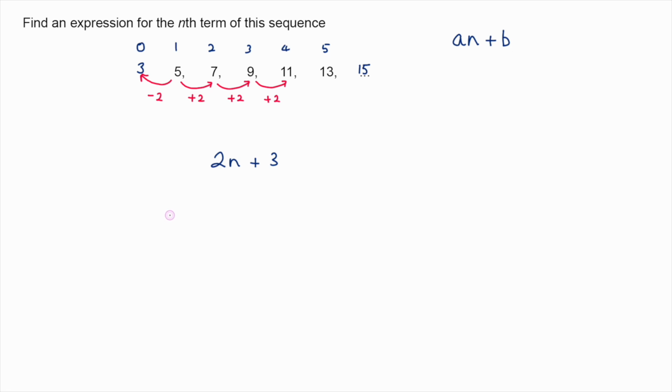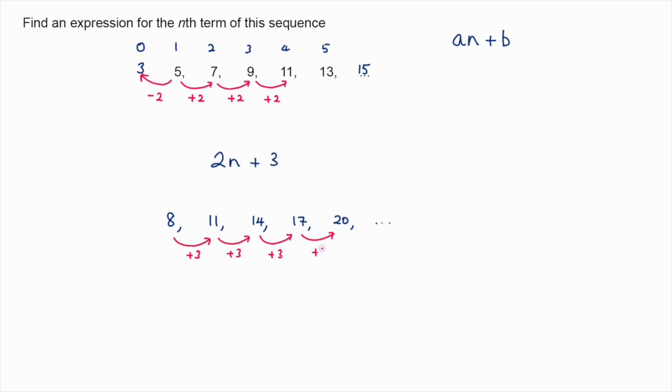Let's try another one. Let's say I had the numbers 8, 11, 14, 17, and 20. We know we could find the next term easily enough because what we're doing here is adding 3. So add 3, again, add 3, and add 3.